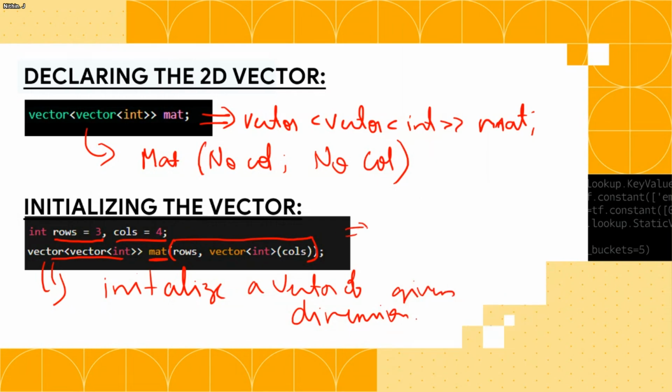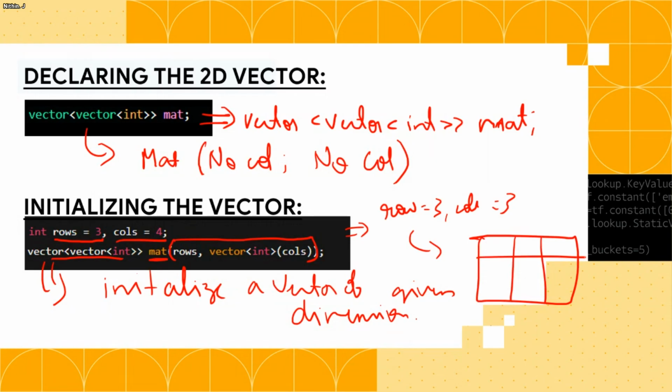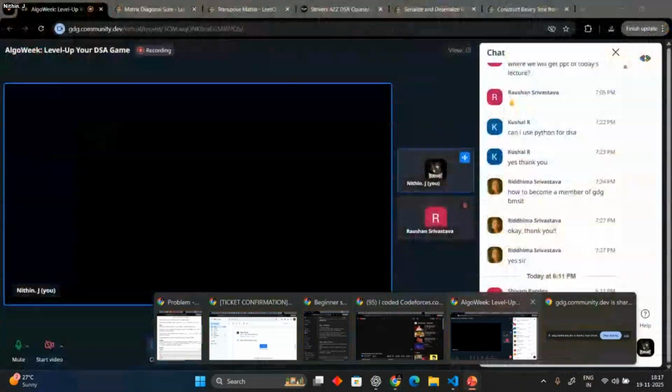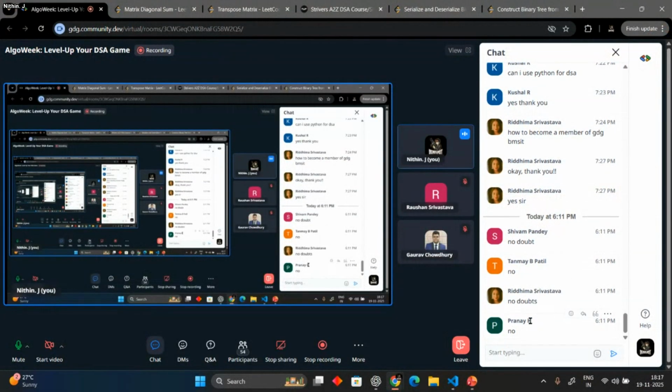So here if I say row is equal to 3 and column is equal to 3, you will get a two-dimensional vector slash array of 3 cross 3 dimension, and each element of this matrix is assigned 0. So that's how you create a matrix of given dimensions, and this is how you generally declare a matrix in C++. So I hope you guys don't have any doubt on how to declare and initialize an array.